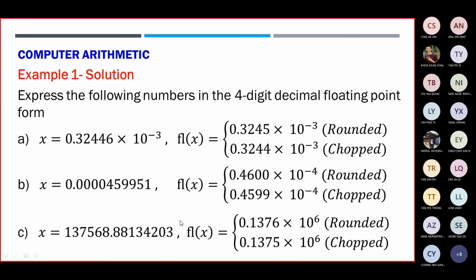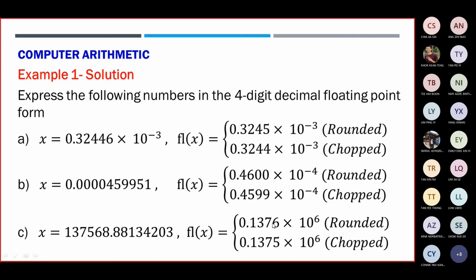So we just get 1376. The 6 is a round-off, since the digit is already greater than 5, so you add 1 here and it becomes a 6, giving 0.1376 times 10 to the power of 6.